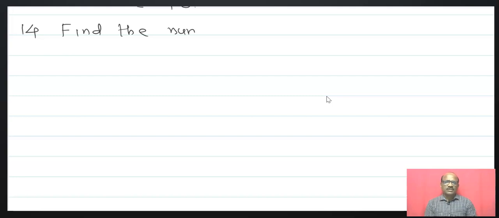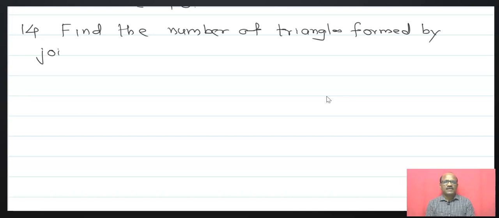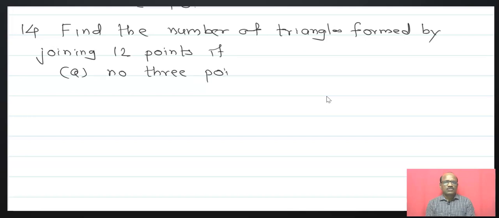Now question number 14. Find the number of triangles formed by joining 12 points if no 3 points are collinear.